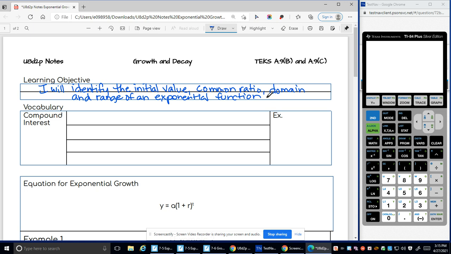And solve real-world problems. Kind of a long one, but there we go.